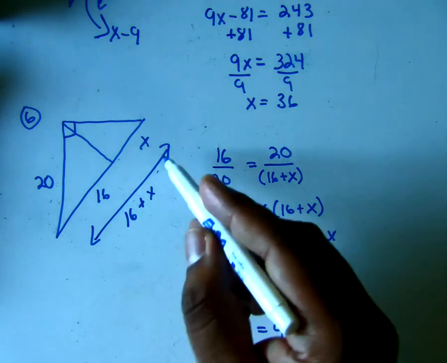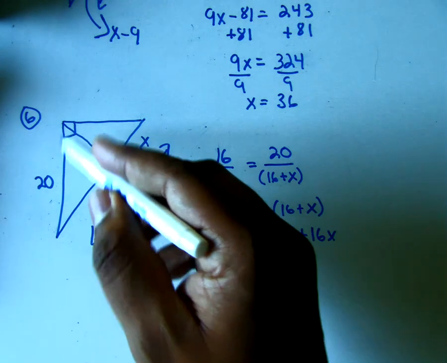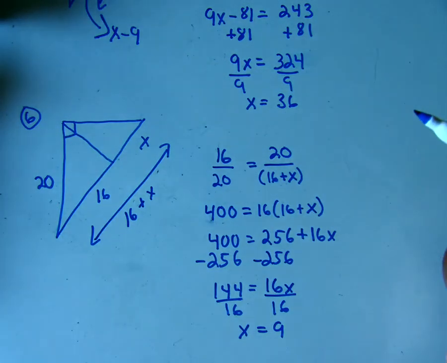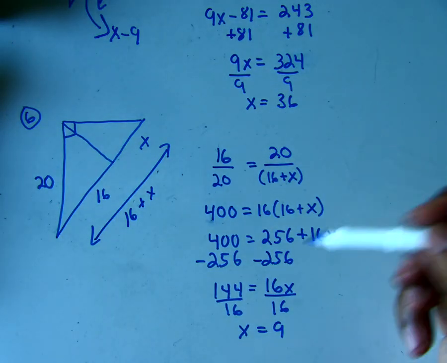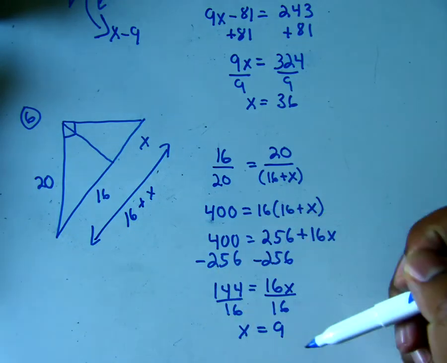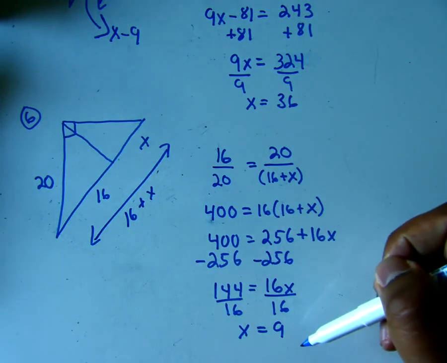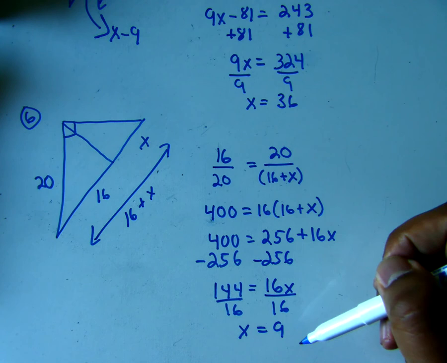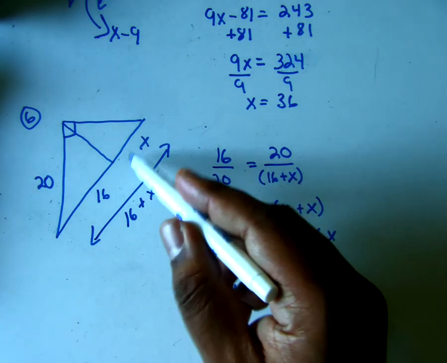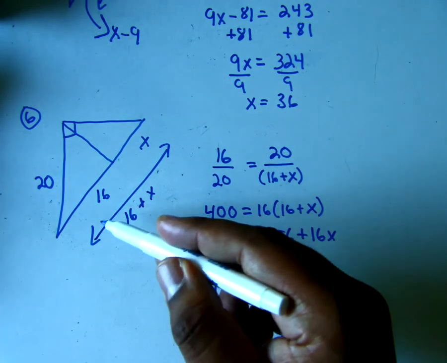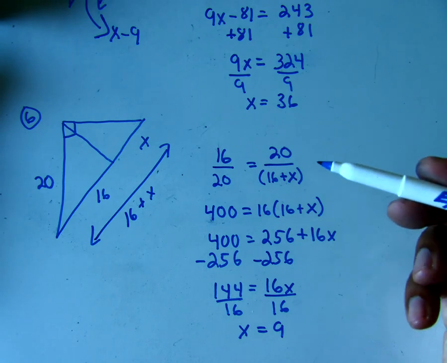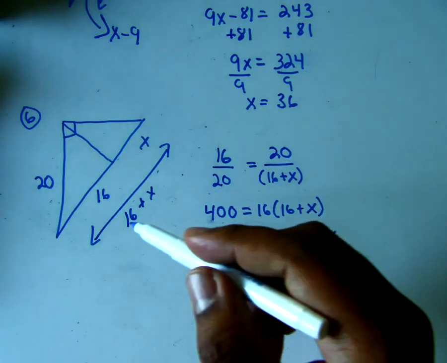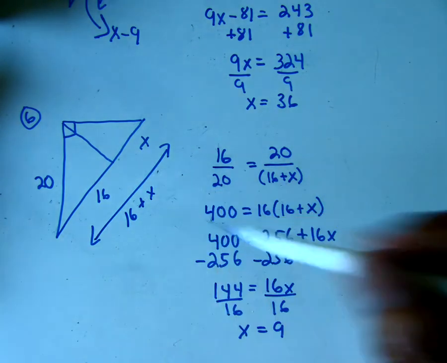And if this is 25, it makes sense that it's longer than this leg, which is 20. So even our values make sense. If you happen to have, let's say, 28, and you see that this is 28, but this is 16, you may have done something wrong. So you want to be close to make sure that your values make sense with what you're working with.